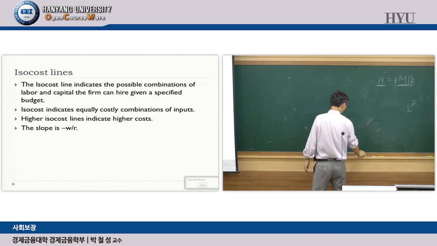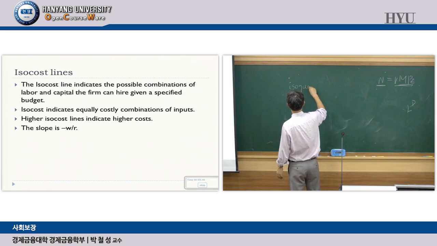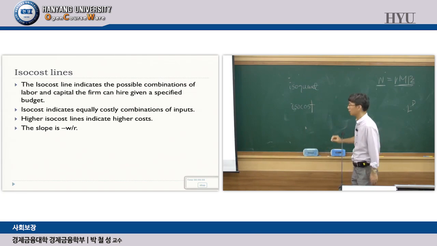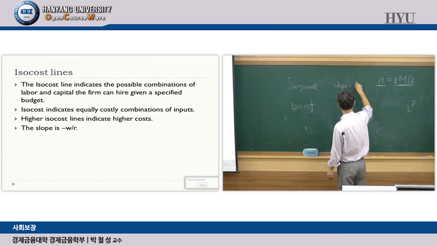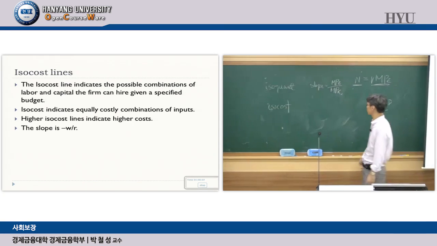So we have the isoquant curve, and we have the isocost curve. Then the slope of the isoquant is equal to MPL over MPK, the MRTS.